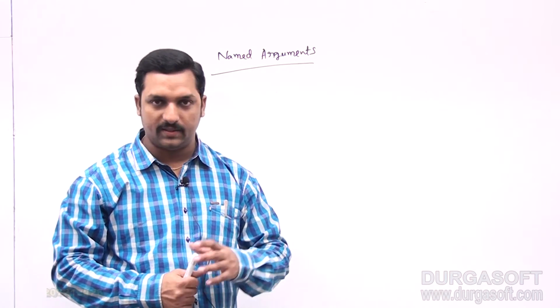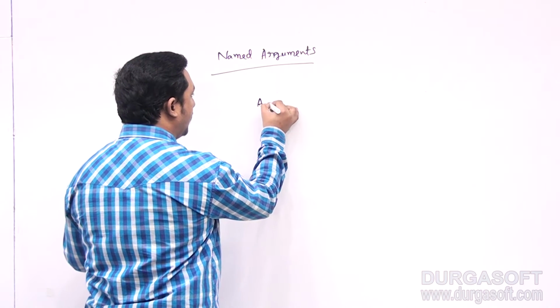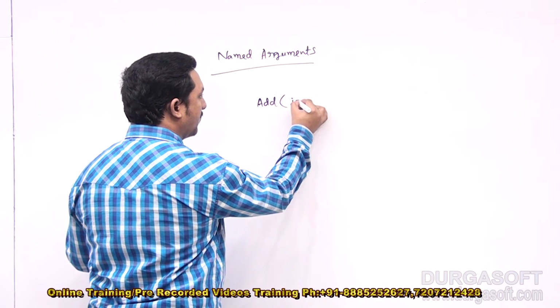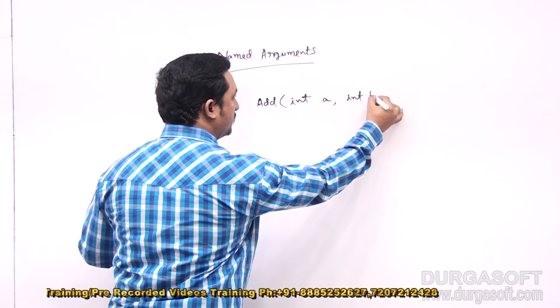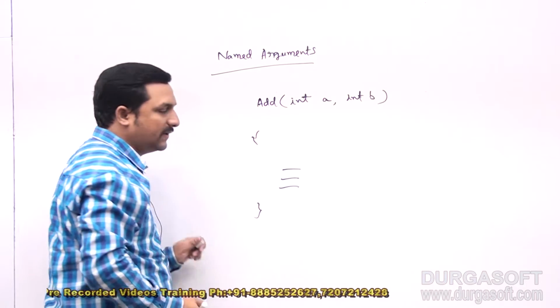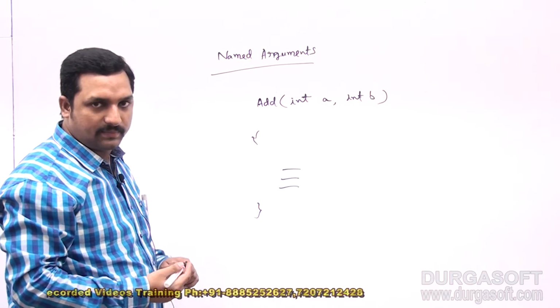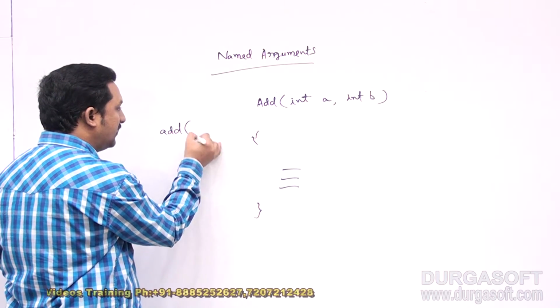Let us try to understand in the program. Suppose we have add as a method, and we have a and b, two arguments, defined. Some implementation we are going to define here. While calling that add method, we must supply two values.